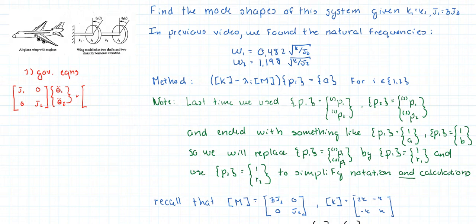Well, actually there are no damping matrices, so we're just going to write the stiffness matrix, and we're going to have K1 plus K2 here, minus K2. It's symmetrical, so that's easy, and we only have K2 here.